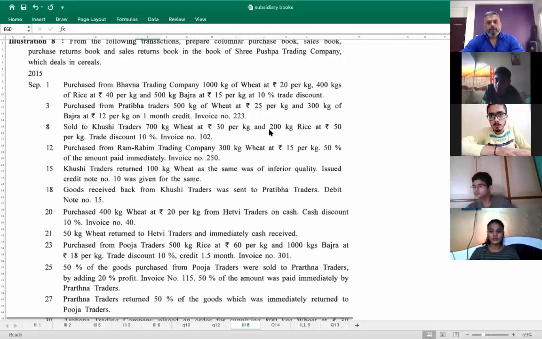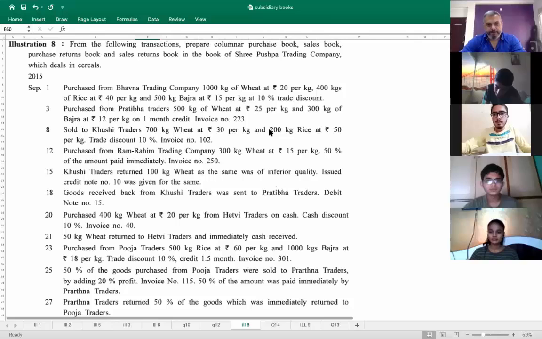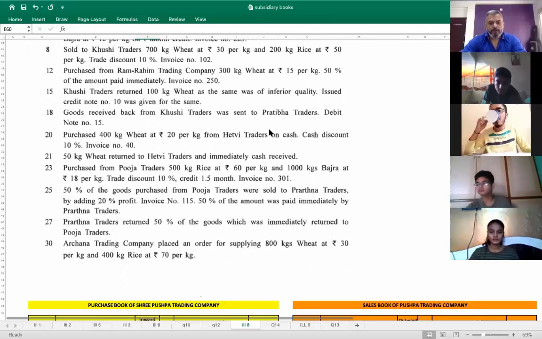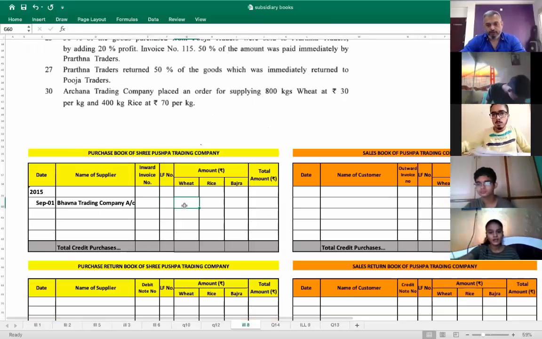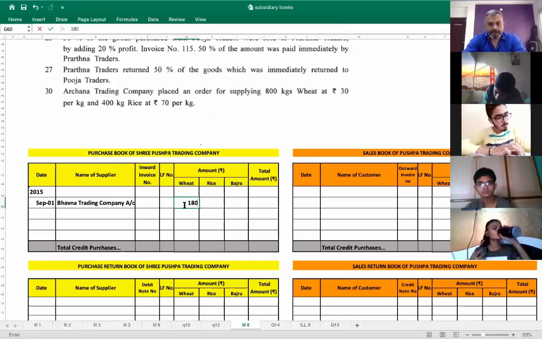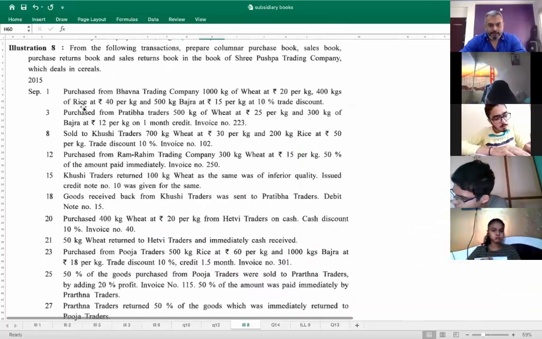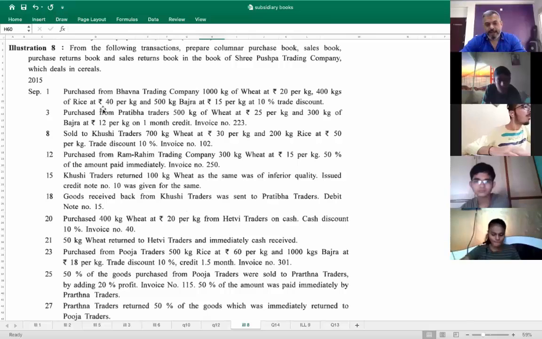Now, wheat at 20 per kg, 1000 kilo. So 1000 into 20 is 20,000 minus 10%, 18,000. Rice, 400 kg at 40 per kg.